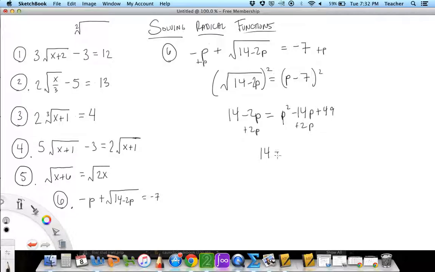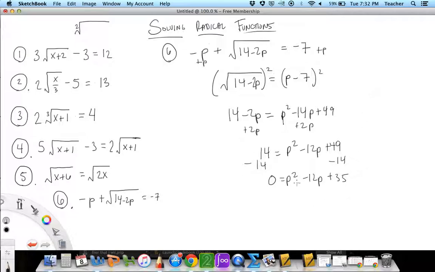So we get 14 equals p squared minus 12p plus 49. And if we subtract 14, 0 equals p squared minus 12p plus 35. I caught myself in a mistake right when I'm making a film.